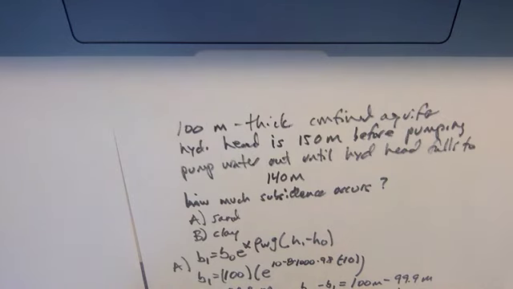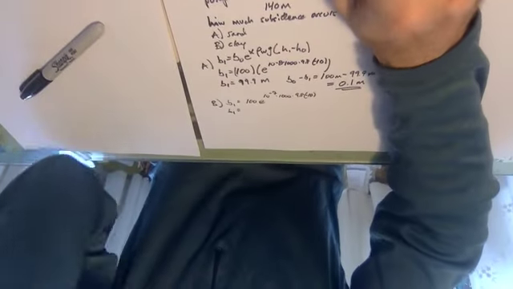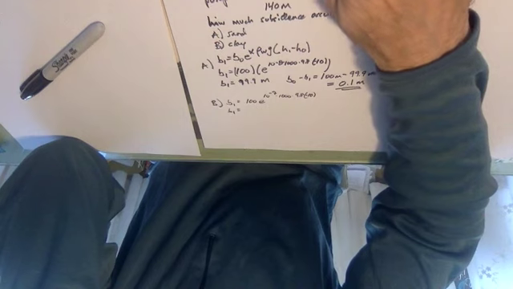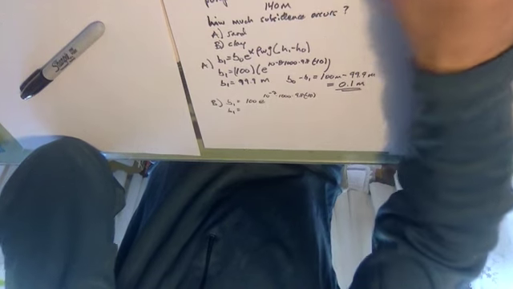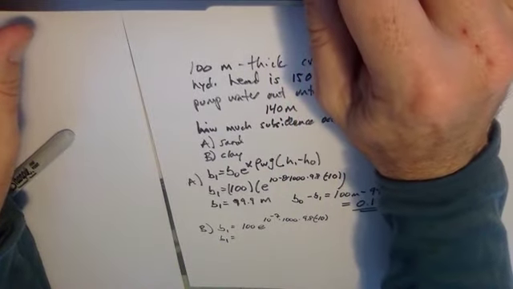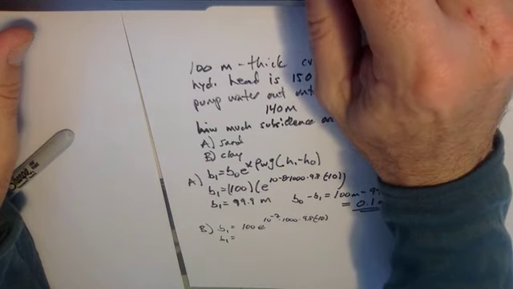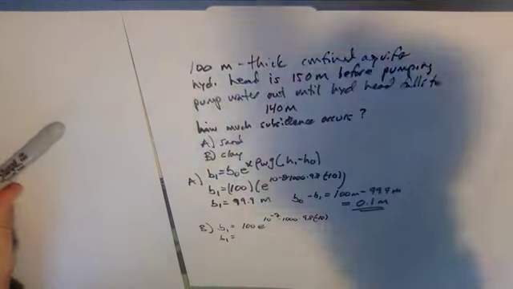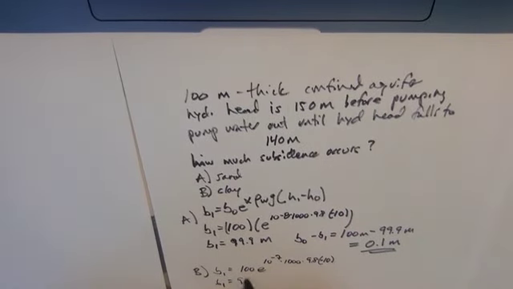And when we calculate it, we get a new thickness of 99, which is 100 minus 99 is 1 meter.